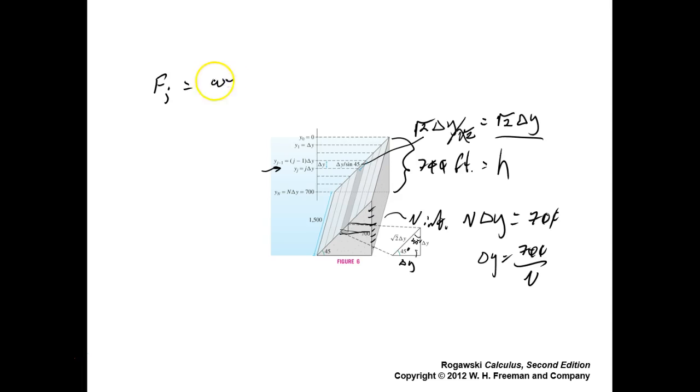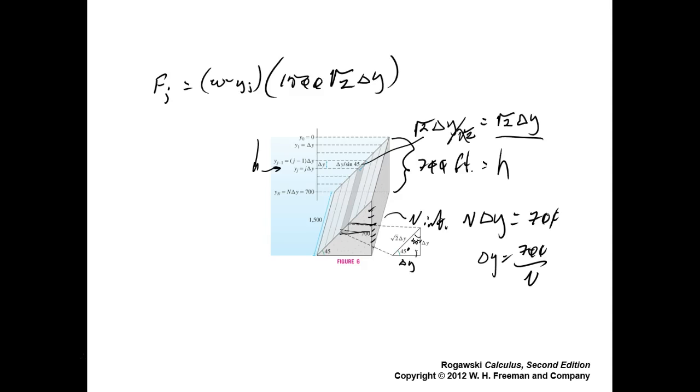I really don't like that too much, because usually you use W for weight, not for weight density, but we'll live with it, times your y sub j. That's how high you are. j is increasing going down, so y sub j. That's your pressure, the force per unit area, times the area, which was your 1,500 root 2 delta y.